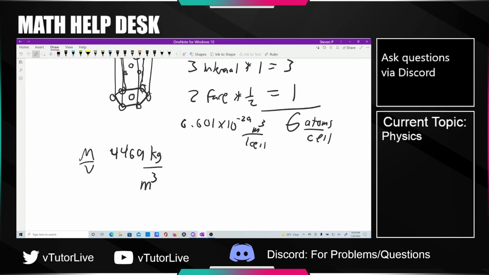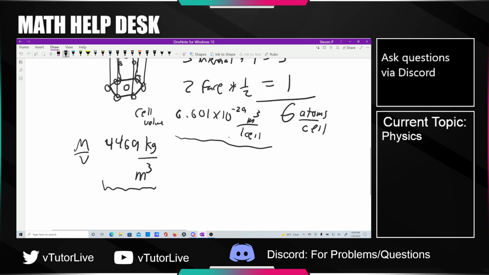Wait, so you're given the volume and the mass, is that what you're given, or am I tripping up? Well, it's saying that I'm given the density, which is kilograms over meters cubed, and I'm also given the cell volume. So somehow we need to get all of this to cancel out to end up with just Avogadro's number.